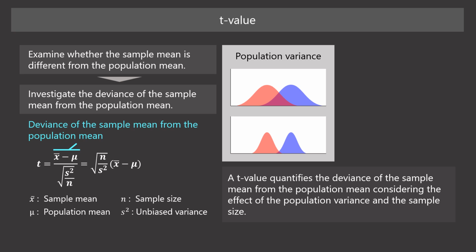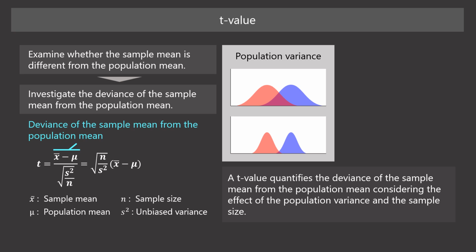And we can see, while the sample and the population overlapped in the upper figure, they are separated in the lower figure. It suggests that the larger the population variance is, the smaller the t-value should be, so that the deviance of the sample mean from the population mean will be evaluated as small.